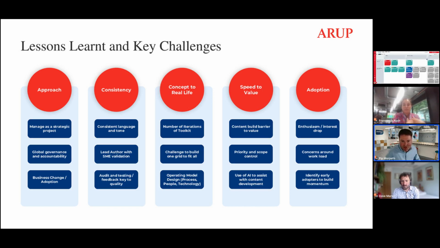And then concept to real life, I think probably the key one on that is, I can't remember, we're on version 2 now, aren't we, of the MAPS Toolkit, but that was preceded by many 1.x.